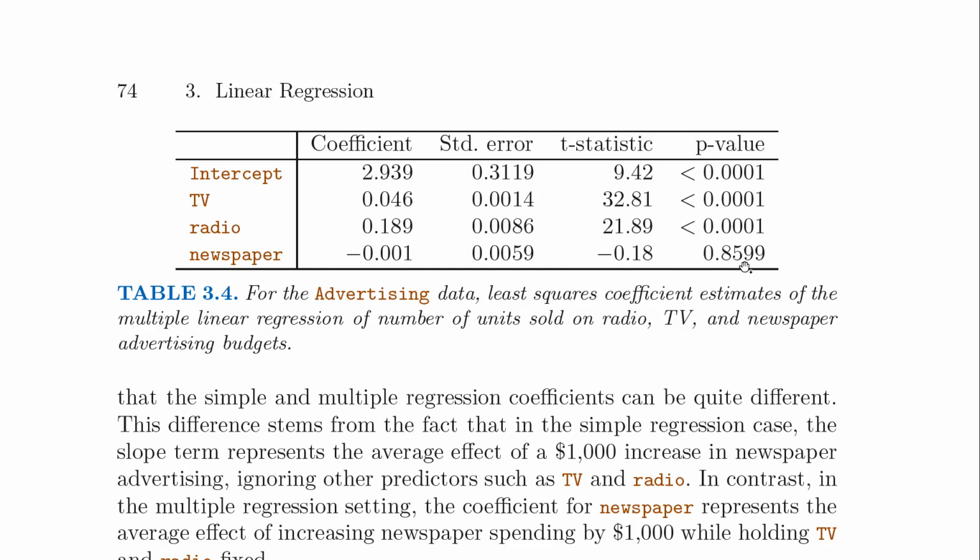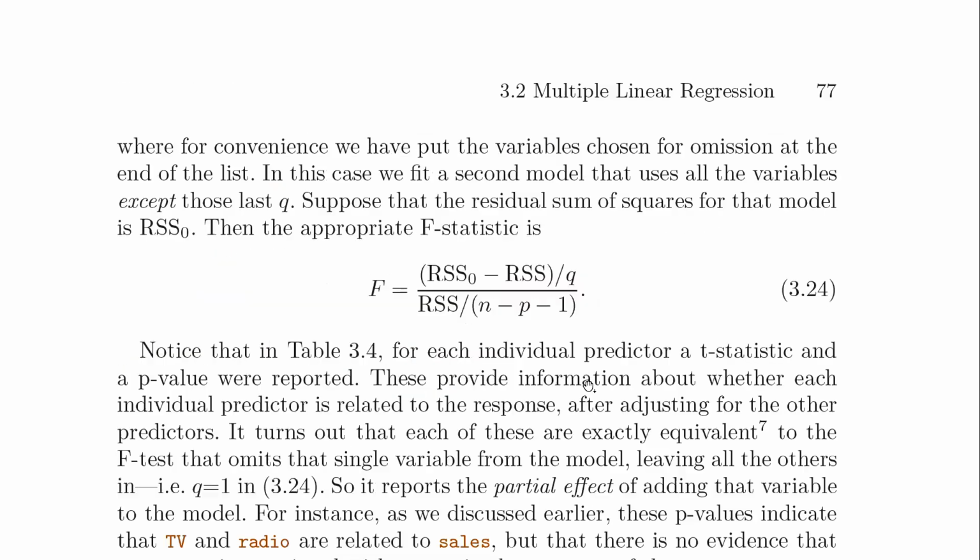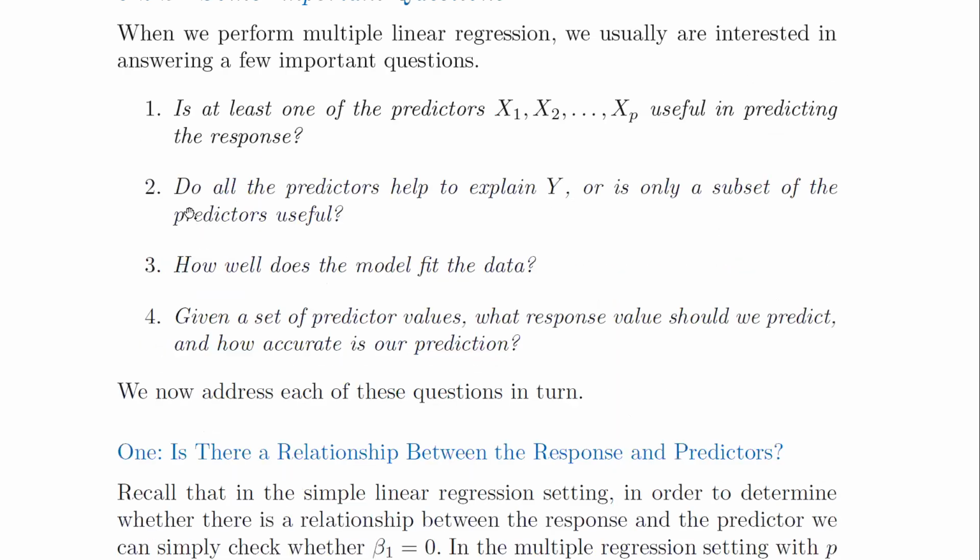The higher this p-value is, the more likely you are to not reject the null hypothesis. The null hypothesis is that the slope parameter is 0. So that would be one case where, to go back to these 4 questions, only a subset of the predictors is useful. You would exclude certain variables.